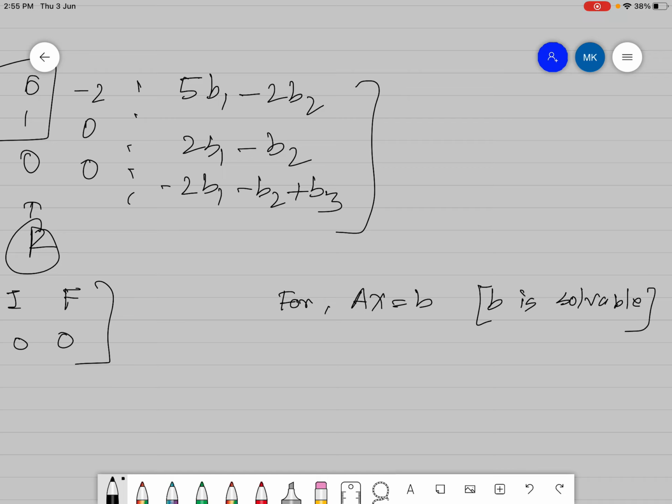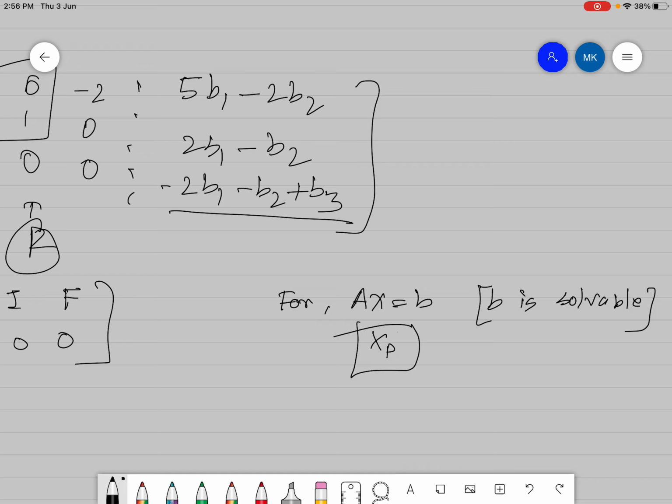So in this case, the solution x particular would be, the solution would be 0, which is this one, 2b1 minus b2, and no, this should not be the x particular. So there is an x particular.